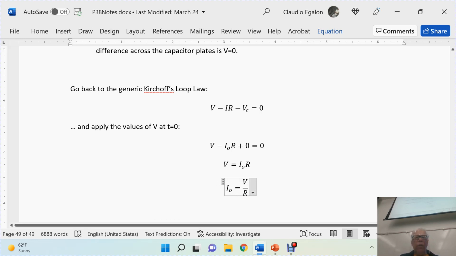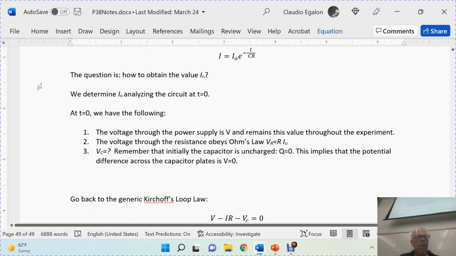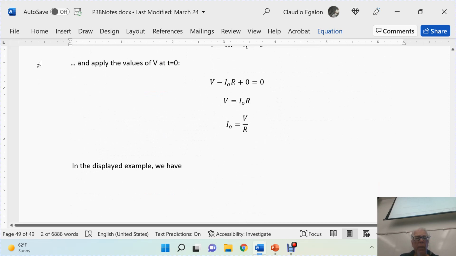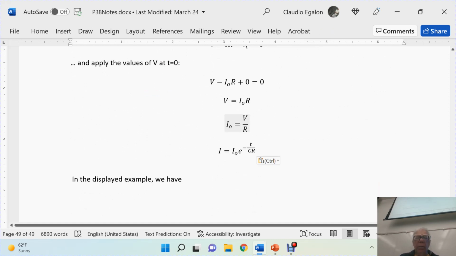We can now finish our problem. The current behaves like that.